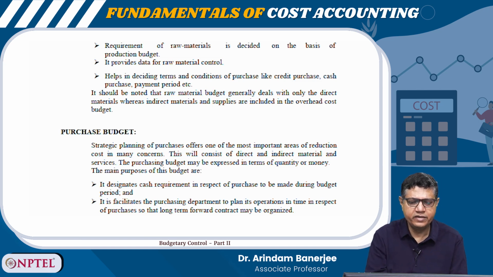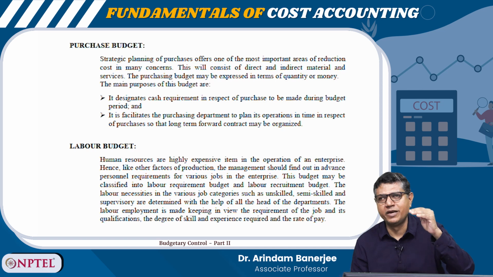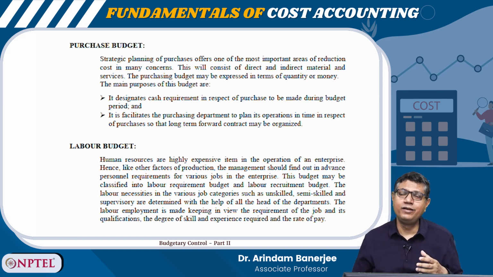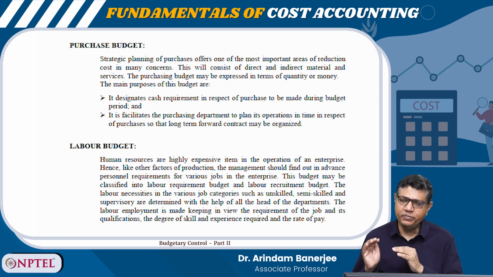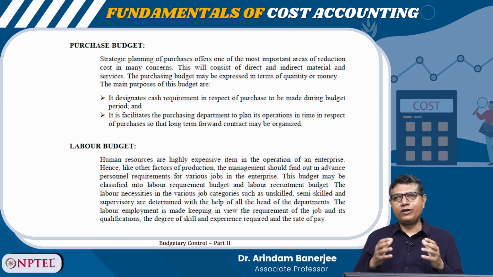Then I will prepare the labor budget. So, the first major factor of production is material. But who will convert this raw material into finished products? Of course, the laborers. Now, workers, the employees, I need to employ an adequate number of people. And not only that, the people whom I employ should be adequately skilled. If they are not skilled, then what will happen?